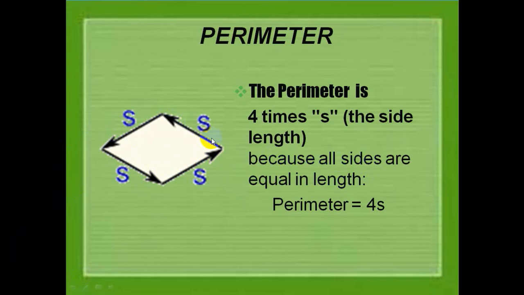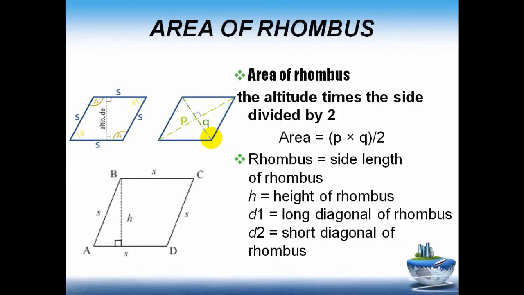Now to find the area of a rhombus. The area of a rhombus is the altitude times the side, divided by 2.